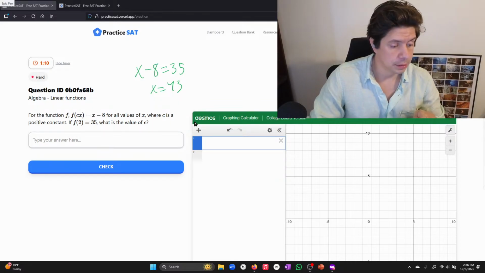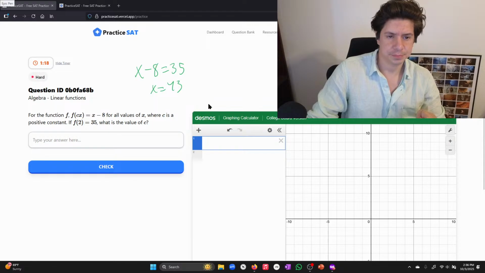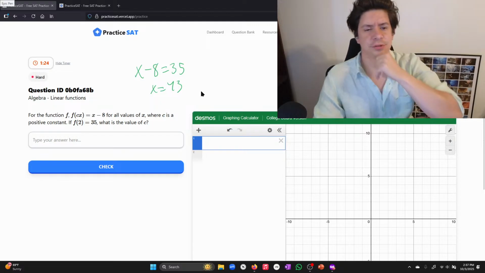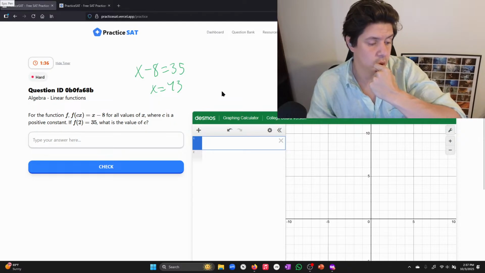Okay, and then with that, we're going to do Cx equals 43. So c of 2, so is x 2? Interesting.